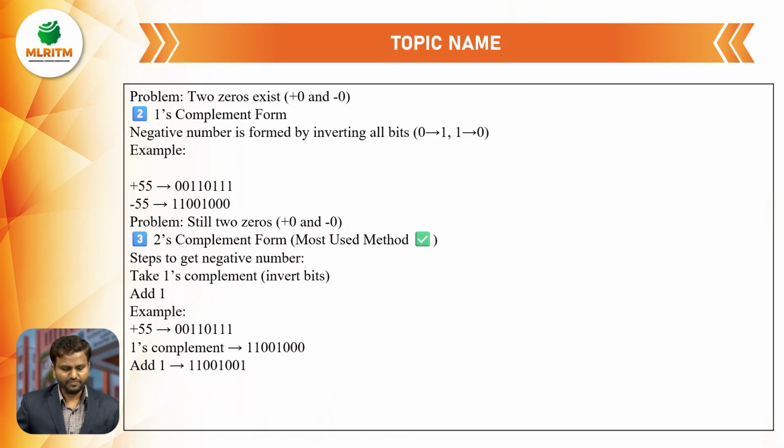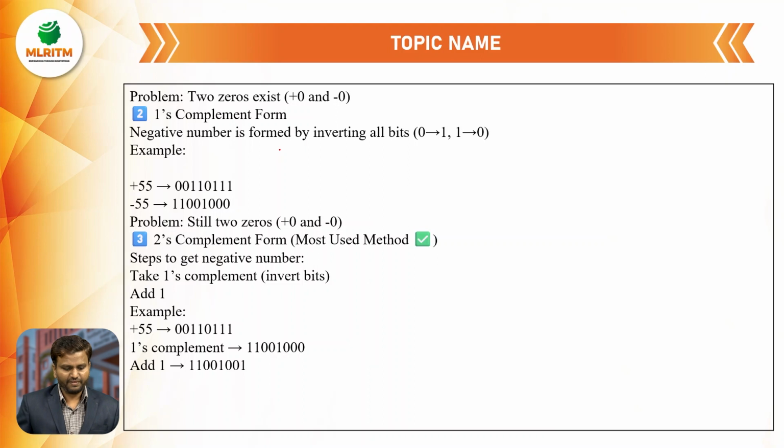Next is the one's complement form. One's complement means that for any binary number, the ones become zeros and the zeros become ones, in reverse order. So a negative number is formed by inverting all bits, 0 to 1 and 1 to 0.